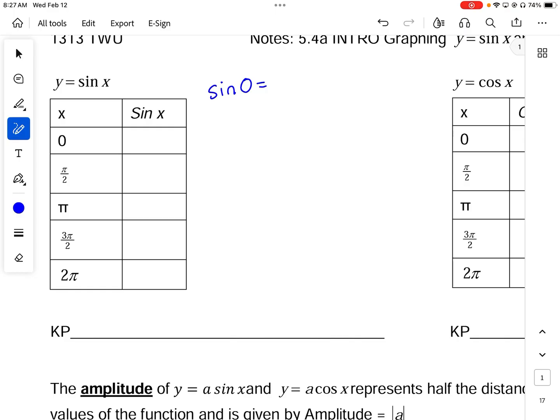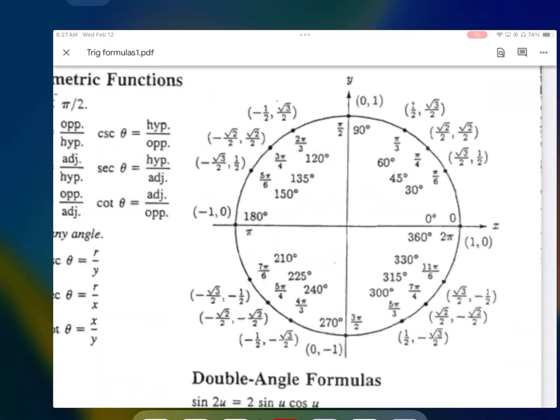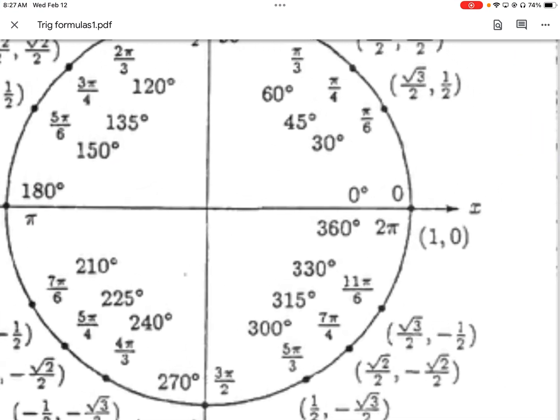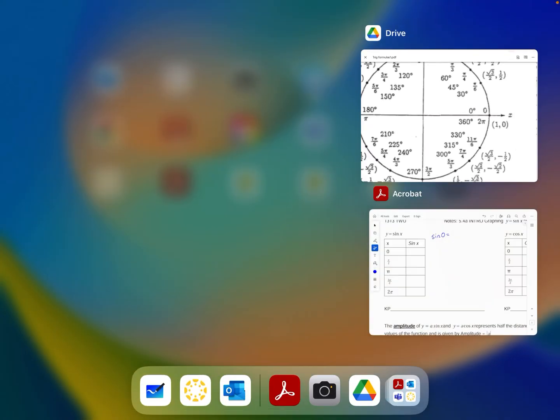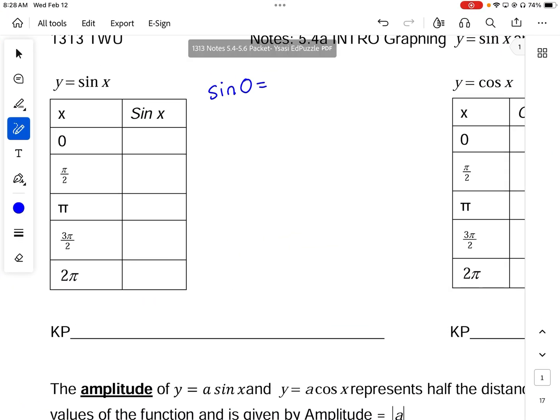Remember, sine is y, cosine's x. Remember the Barney song? So if sine is y, we are going to look at our formula chart and figure out what 0 is at 0, so right here. Sine is y, so sine is 0. So sine of 0 is 0.